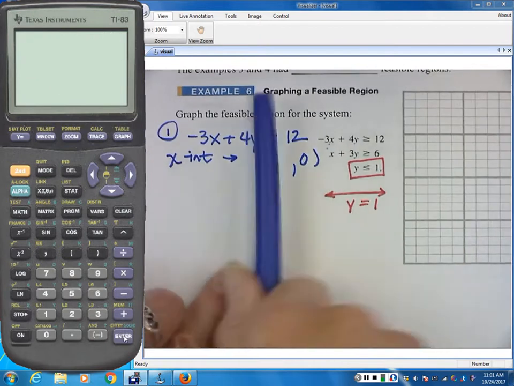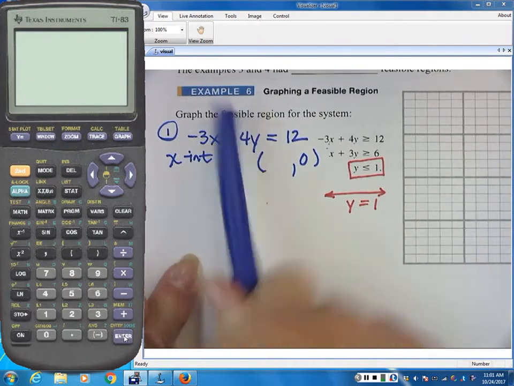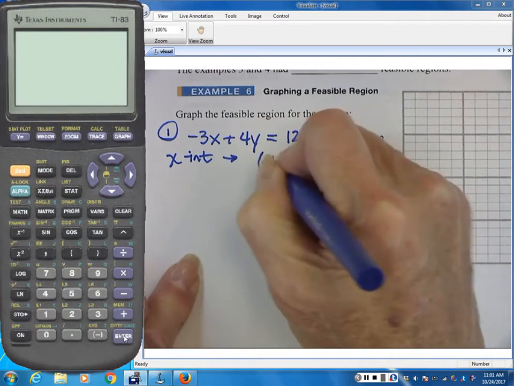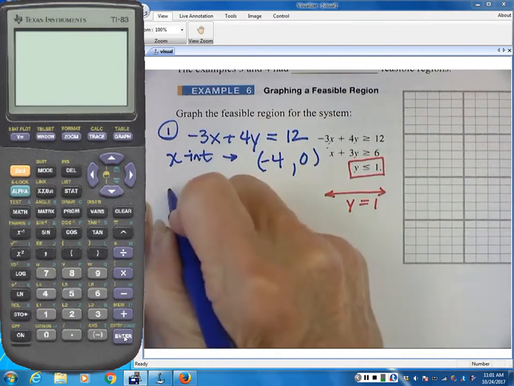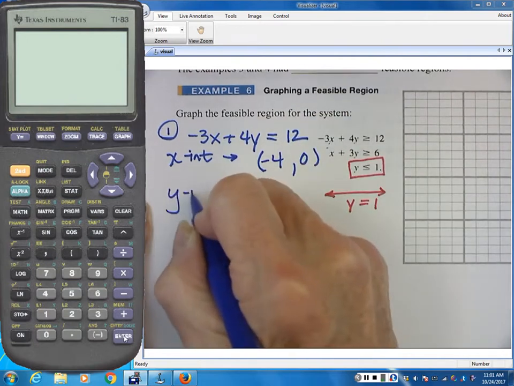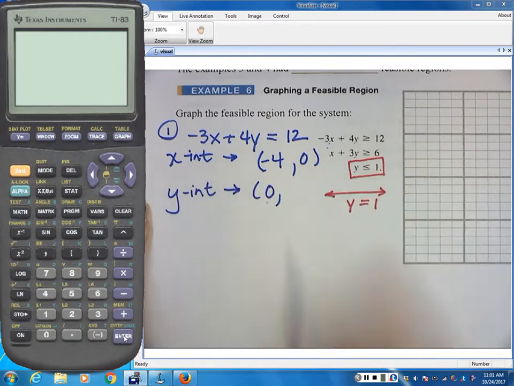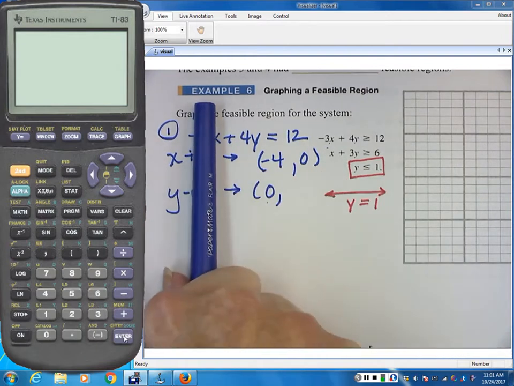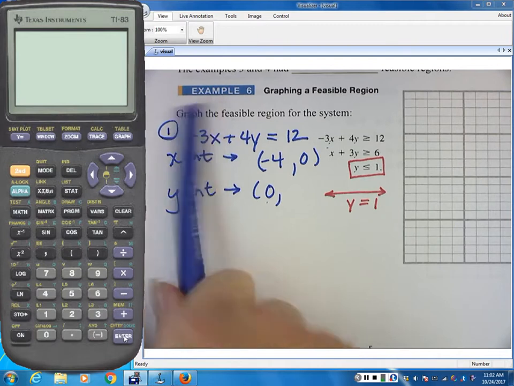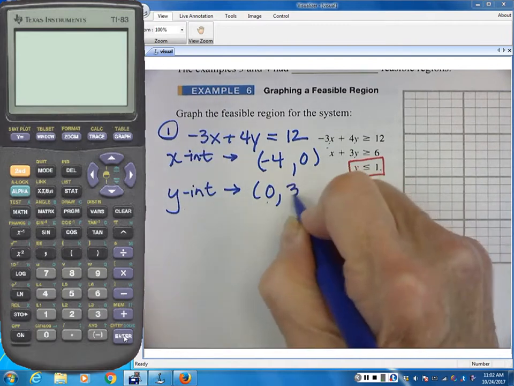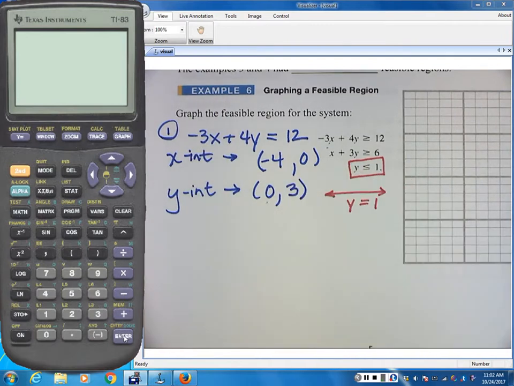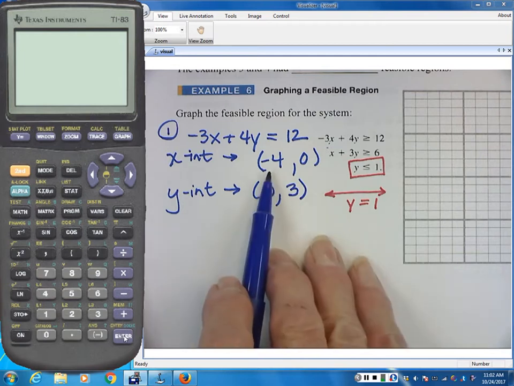So 12 divided by negative 3 is negative 4. And then I'm going to find my y-intercept, which tells me I'm going to let x be 0. So if x is 0, I have 4y equals 12, and that means y is equal to 3. So I know that I have to plot negative 4, 0 and 0, 3.